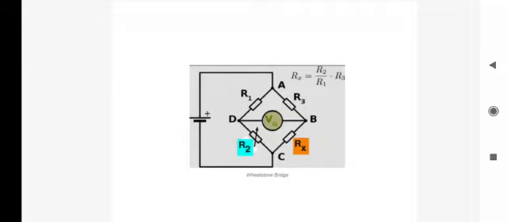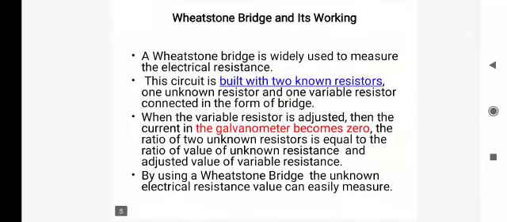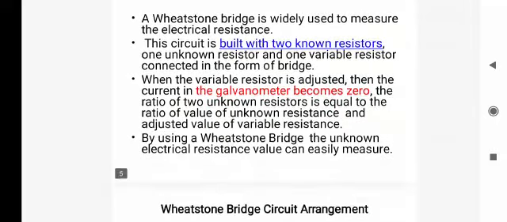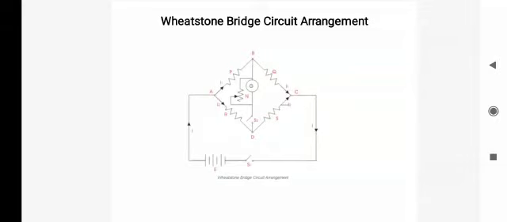Okay, now next we will look into the working of a Wheatstone bridge. So this is the diagram of a Wheatstone bridge circuit. In this, they are widely used to measure electrical resistance.